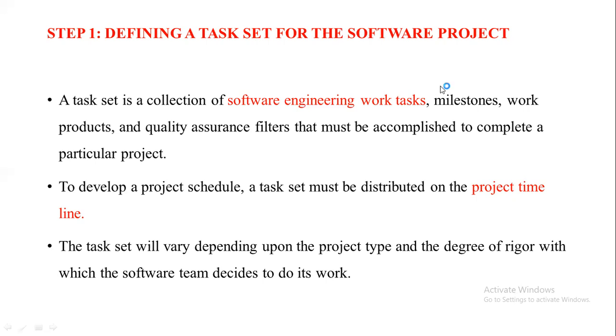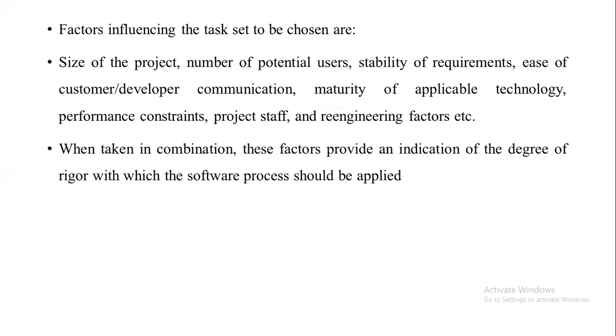There may be an application development project, there may be a concept development project, maybe an enhancement project. So there are different types of projects, and the task set may vary for different projects. But whatever may be the project, for doing project scheduling, first we have to find out what is the task set and what is the product.